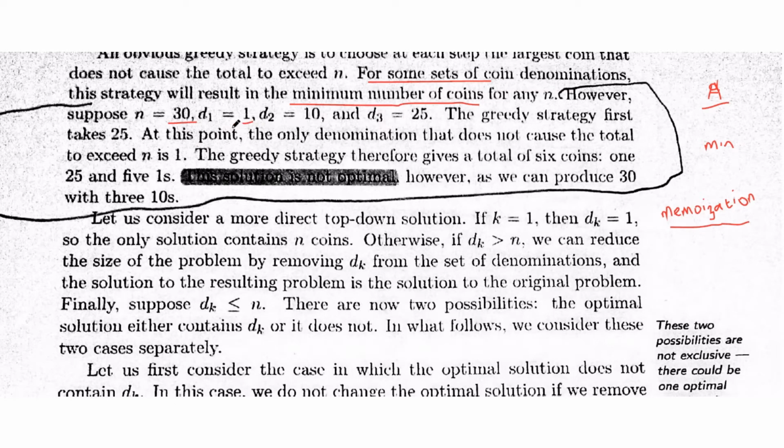the available denominations are 1 cent, 10 cent, and 25 cent, for the attendant to be able to give you the minimum, a greedy approach would be that she would first of all give you 25, but then after giving you 25 cents, she needs to give you 5 more cents.